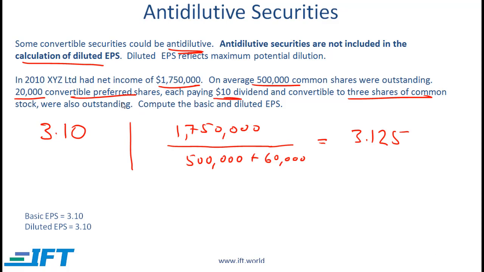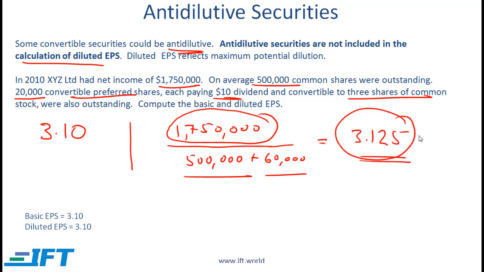Assuming the convertible preferred shares are converted into common stock, then your net income available to common shareholders is 1.75 million. The number of shares outstanding would be 500,000 plus 60,000. So you get 3.125. Notice that this number is larger than the basic EPS that you calculated.